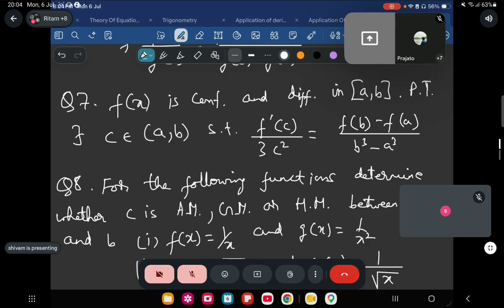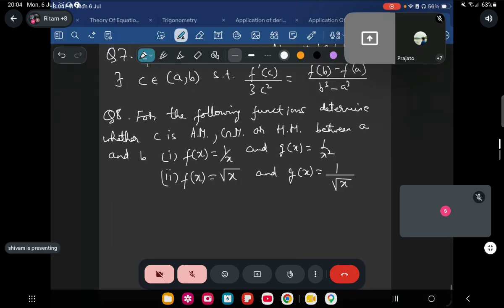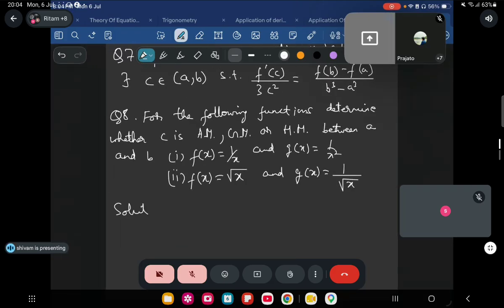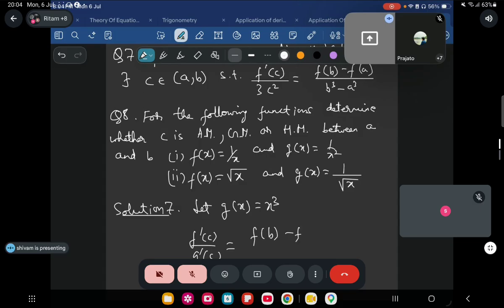So I'm solving the first one. Pay attention, everyone. Let g of x equal to x cube. Everyone, we can apply LMVT on both. f dash c by g dash c is equal to f of b minus f of a upon g of b minus g of a.